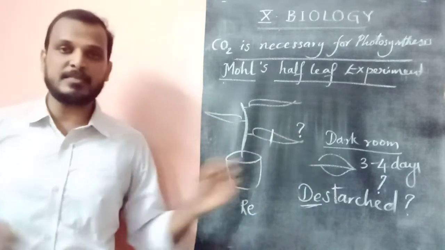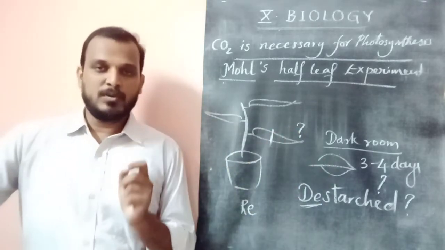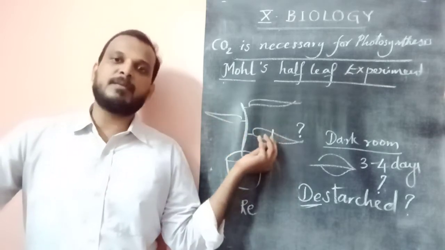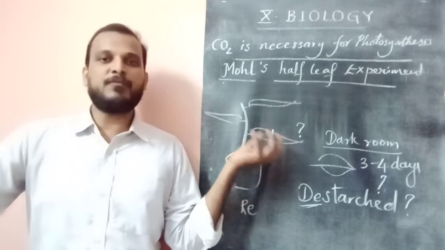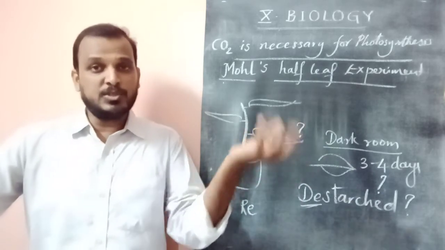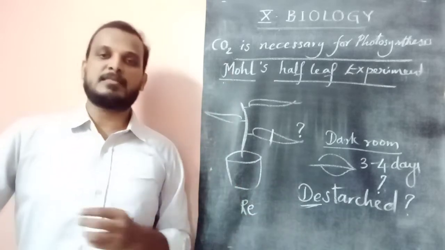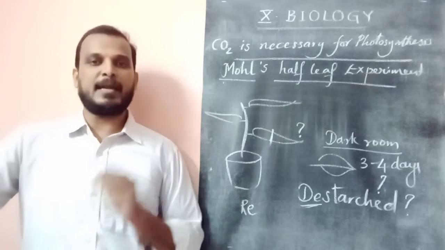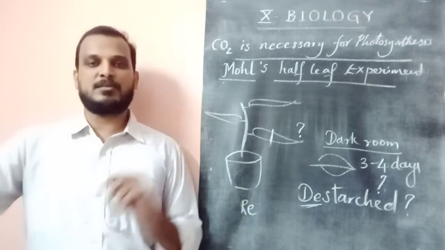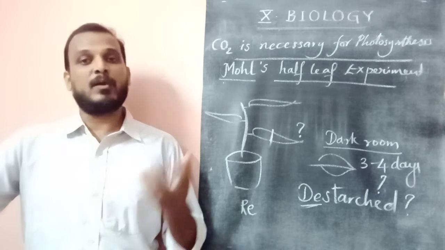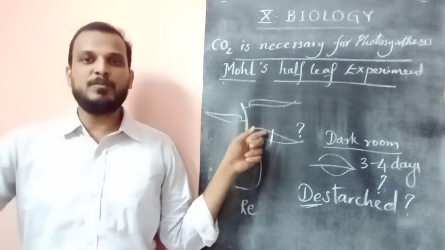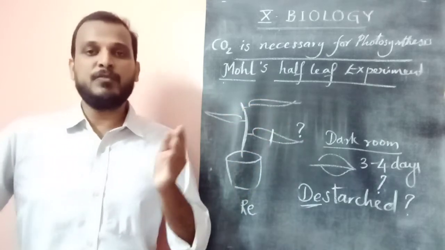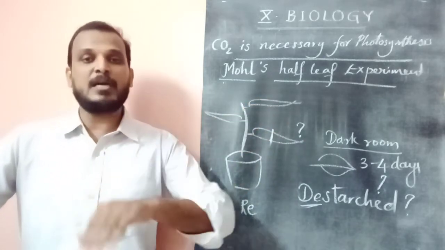If you do not de-starch a plant before the experiment, some starch will remain in the leaves. And if you test for starch, we don't know whether it is newly prepared or already existing starch. So before knowing whether starch is prepared by the plant or not, we should remove the starch. Whatever reserve is already in the leaf should be removed. Then only, when we start the experiment, will we know whether new starch is prepared or not.